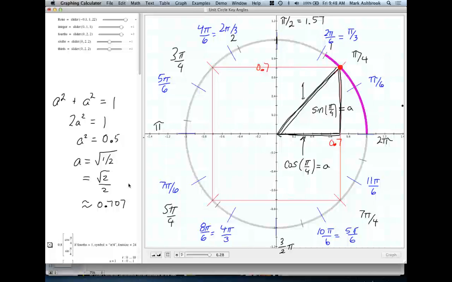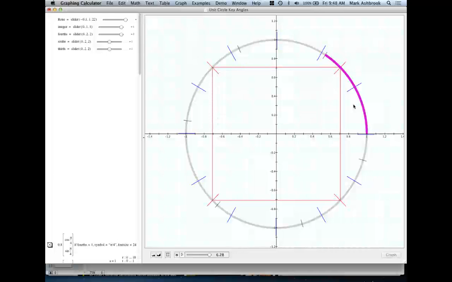Okay, so now we'll look at pi over 6. So let's just estimate first. So this is our pi over 6 angle.